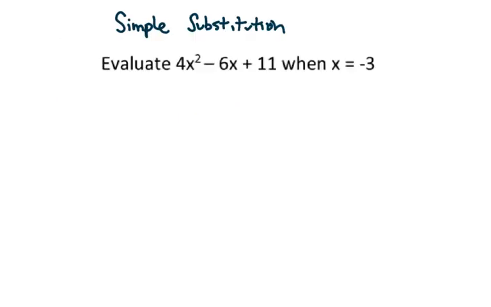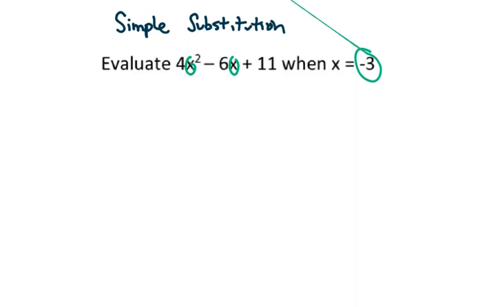Looks like I accidentally skipped a slide earlier, so we are going to talk really quickly about simple substitution. When I've got a problem that says, evaluate this that has x's in it, but do it when x is a different number, we're just going to plug that number in. So everywhere we see x, we are going to put negative 3 in, but in parentheses.